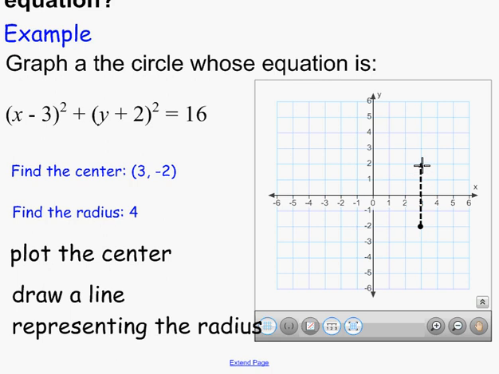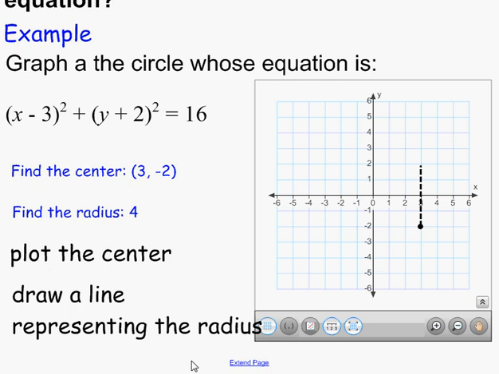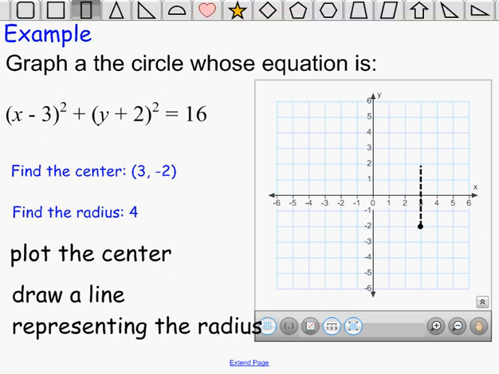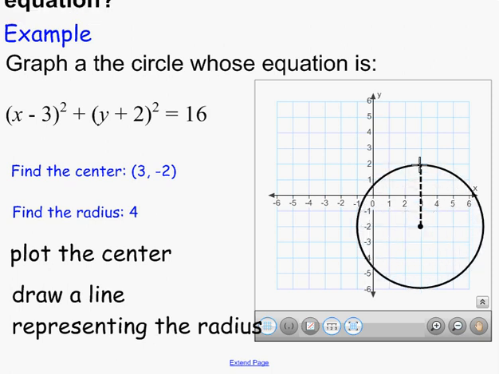So I know the radius is right there. That's the radius of the circle. And then I can just make a circle using this center and using that endpoint for my radius. So I'm going to go ahead and pull out a circle from here. And I'm just going to extend it to the endpoint of that line. And that's my circle. That's how you do it.